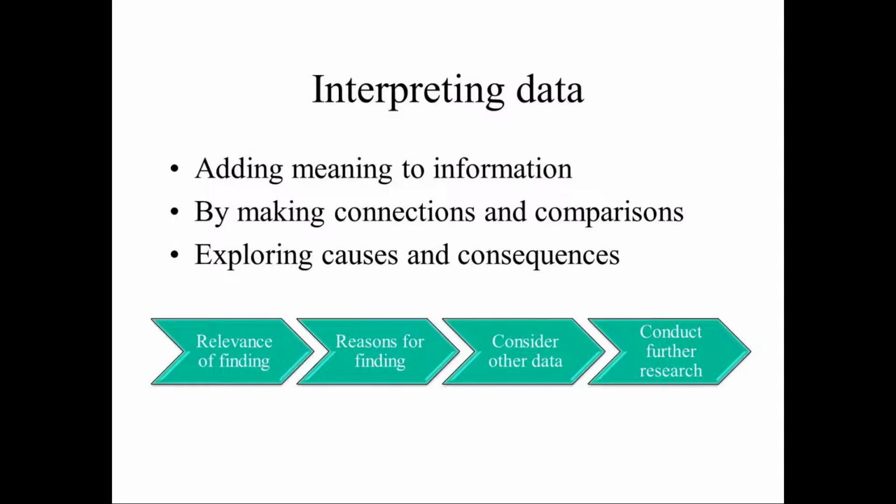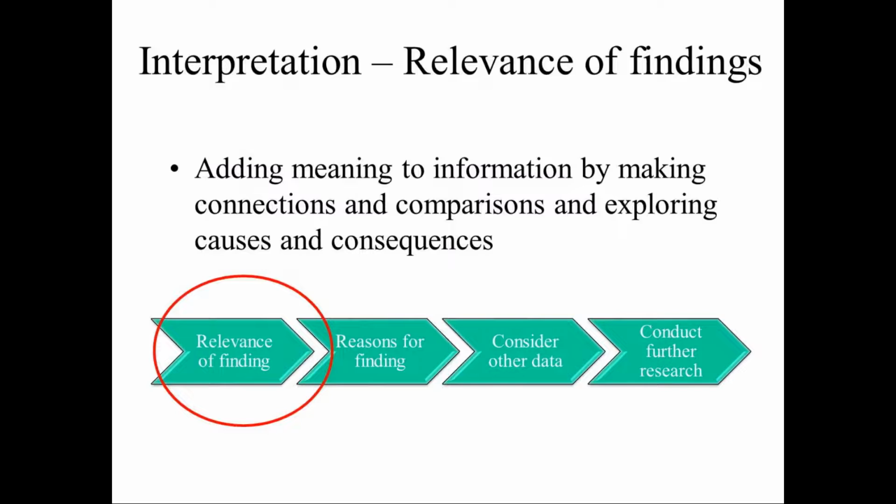The relevance of the finding, the reason for the finding, considering other data, and then conducting further data collection or research if needed. So interpretation is the relevance of the finding, adding meaning to information by making connections and comparisons and exploring causes and consequences. This is where critical thinking is important.